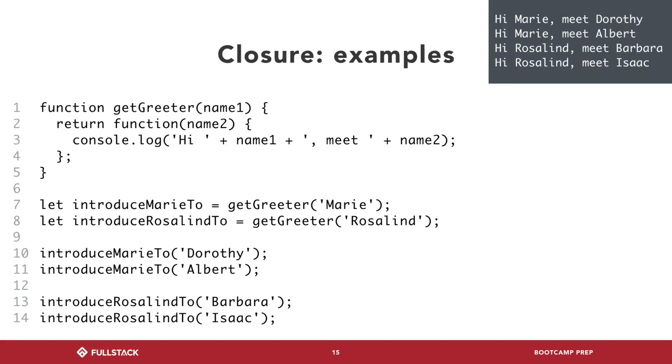The first one's hi blank, second one's hi, my name is blank, right? But now we've memorized that Marie is the first name here, so we only need to pass in the second argument. It saves us the trouble of passing in an extra argument that we've permanently imprinted, saying this function is only useful for introducing people to Marie and Rosalind, and vice versa.